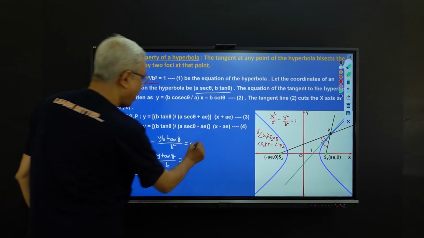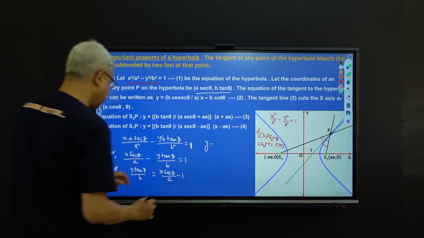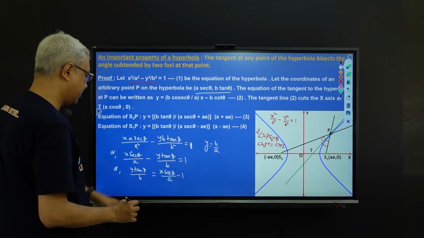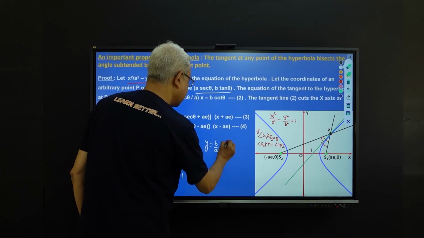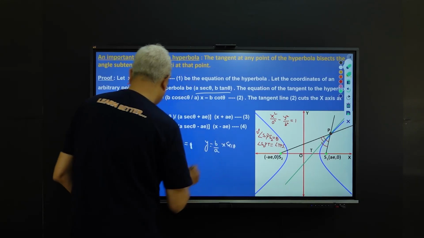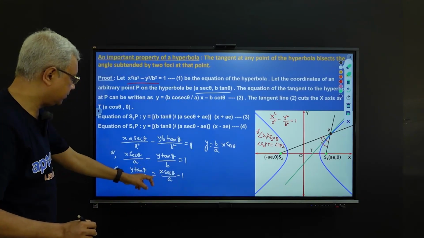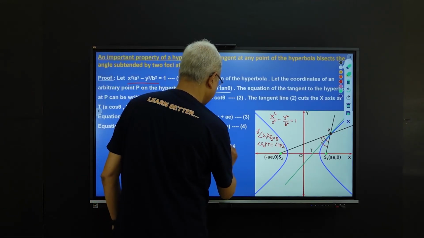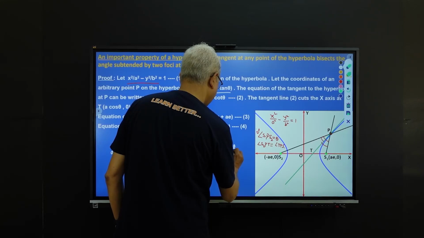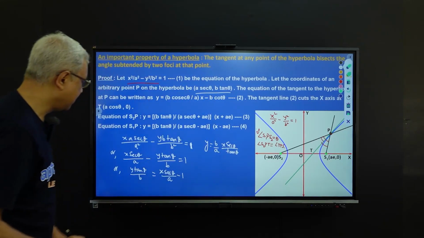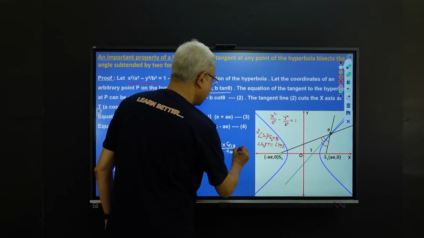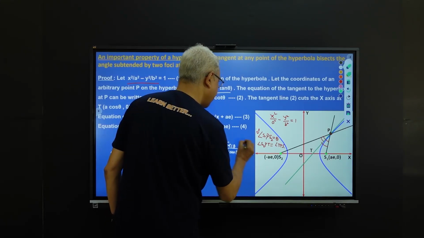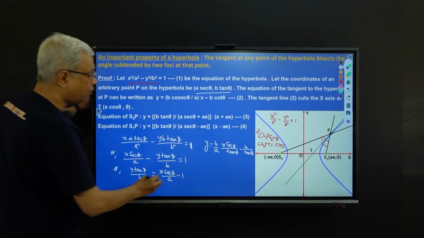and therefore y is how much? b by a x sec theta by tan theta, I think it is clear, minus b divided by tan theta. So it is how much?